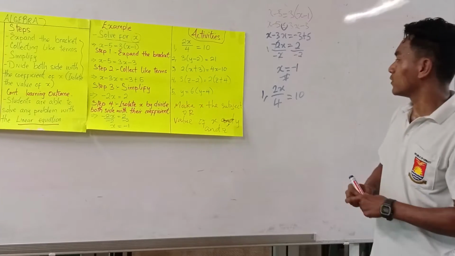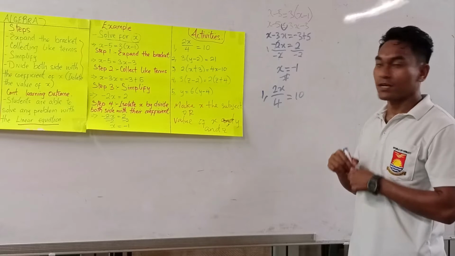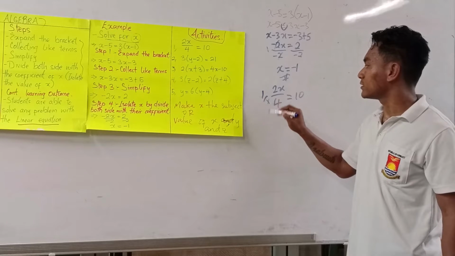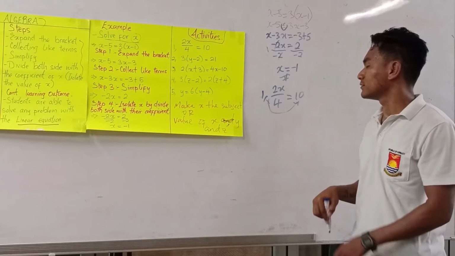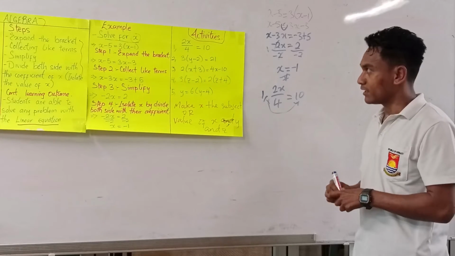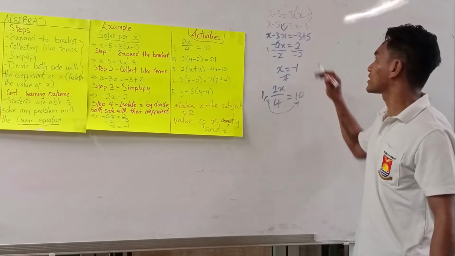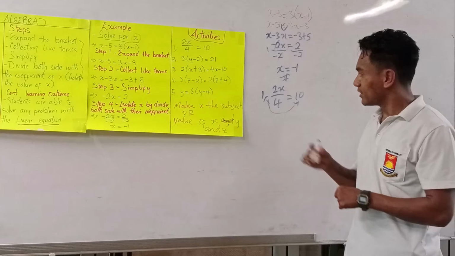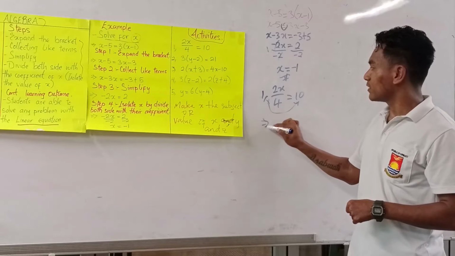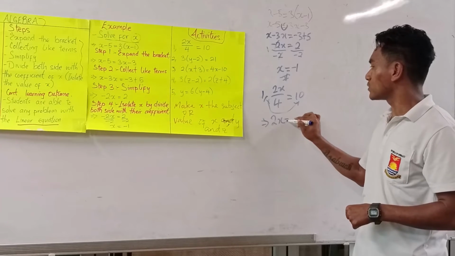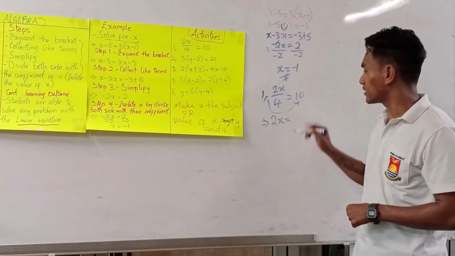The first thing we must do here is multiply the denominator from this side to the other side. So 2x is equal to 4 multiplied by 10, which gives you 40.